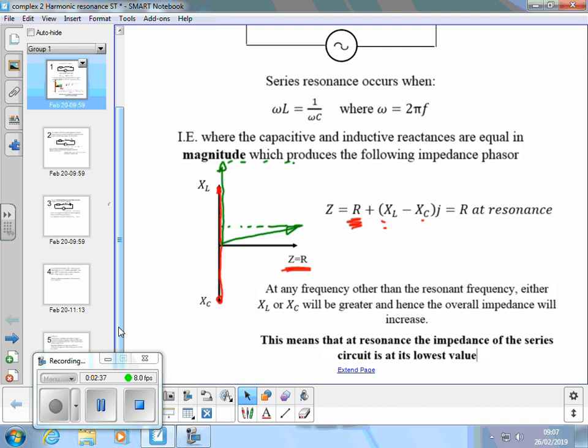Resonance is the frequency at which those two components, XL and XC, are equal and therefore cancel each other out, because one's positive and one's negative. So you can forget that part of the formula, because that cancels out, and therefore all you've got left is resistance. So whichever way you look at it, at resonance the impedance is at its minimum value, and therefore the most current's going to flow.